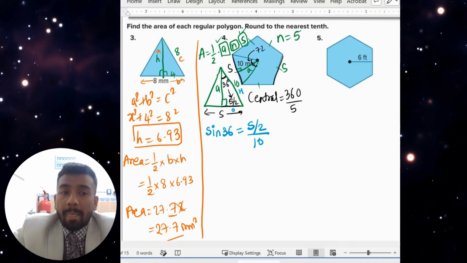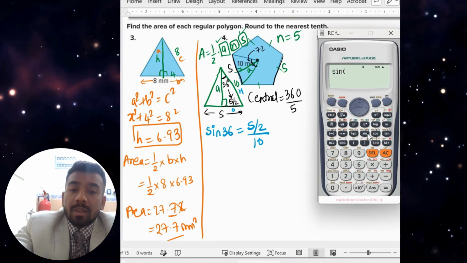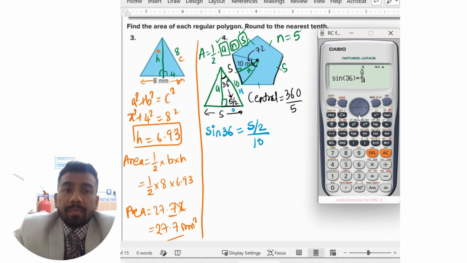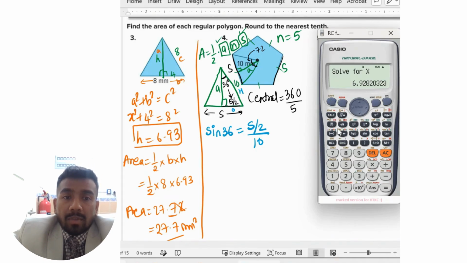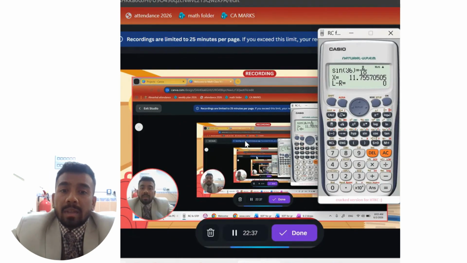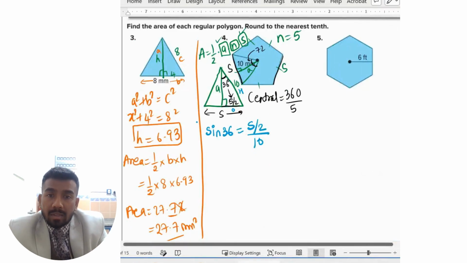Shift solve, sine 36 close bracket equals alpha x over 2 over 10. Shift solve equal. So what do you get? S is what? 11.755. That's 11.76. So what's your S?